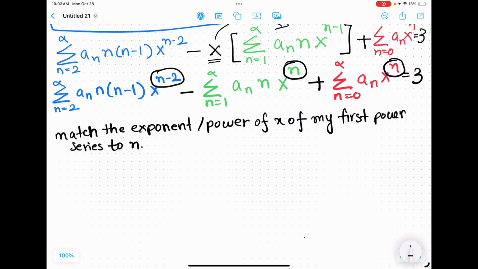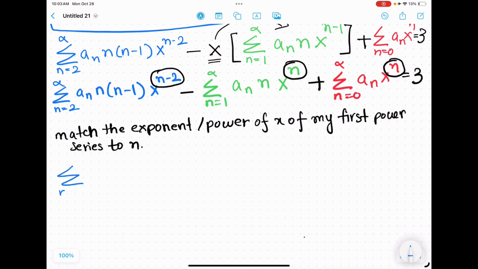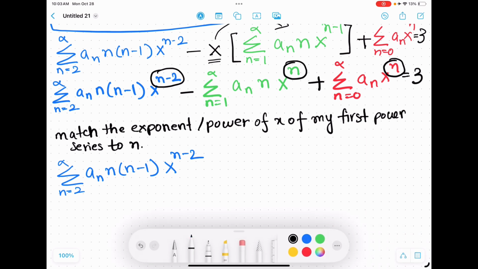All right, so I have my first power series that starts from 0 to infinity a sub n times n minus 1 x to the power n minus 2. And I know that it needs to get transformed to just an n.